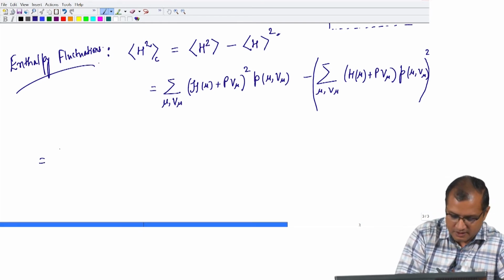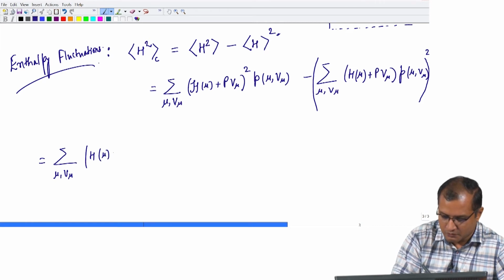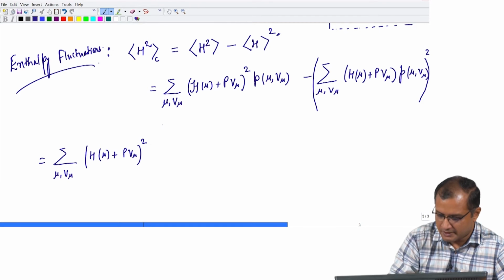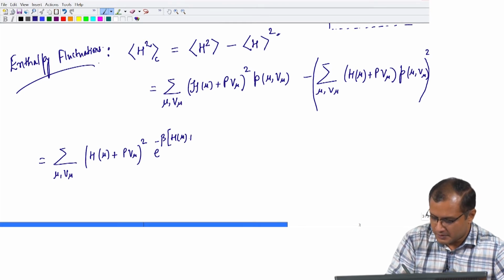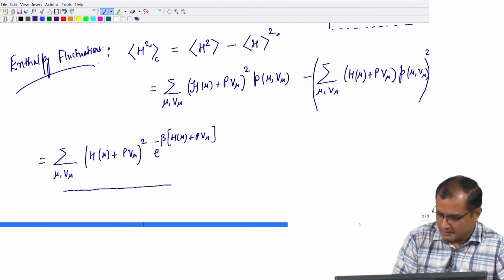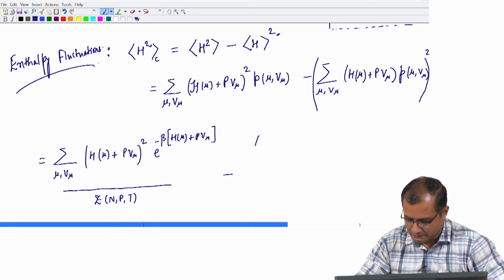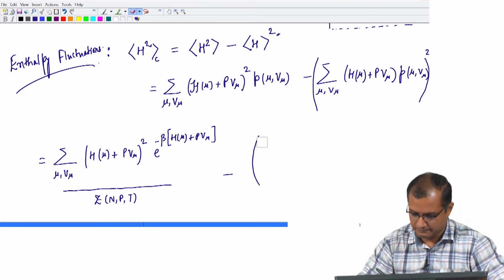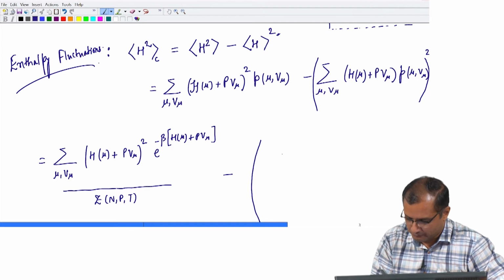So, the first term is nothing but the summation over mu and V_mu of H_mu plus P V_mu, the whole square, e raised to minus beta (H_mu plus P V_mu), divided by the Gibbs canonical partition function, minus the summation over all the microstates.